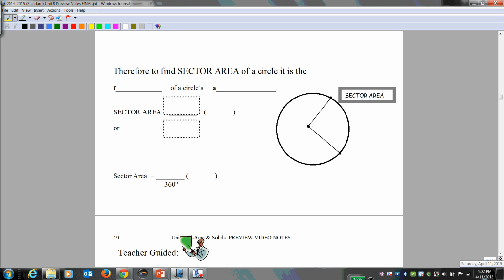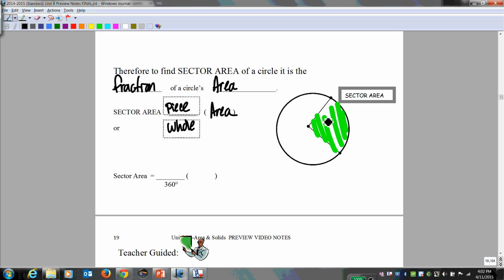Now, sector area, that's just a fraction of the area. Remember, a fraction is simply a piece over a whole, times the area of a circle.